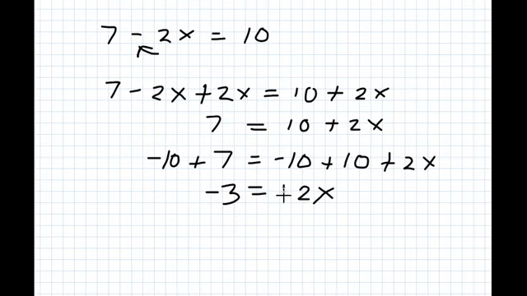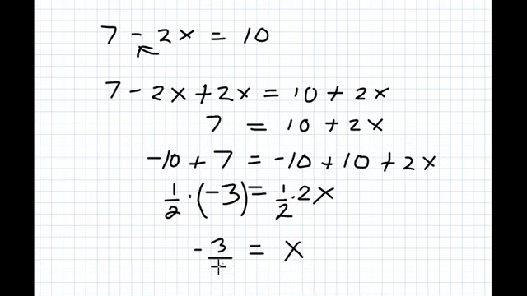Now what we want to do is multiply both sides by a half. I'm going to put parentheses around that because of this negative. And so half times 2 is just 1, and 1 times x is just x. And so then we end up with negative 3 over 2. So that's going to be our solution.